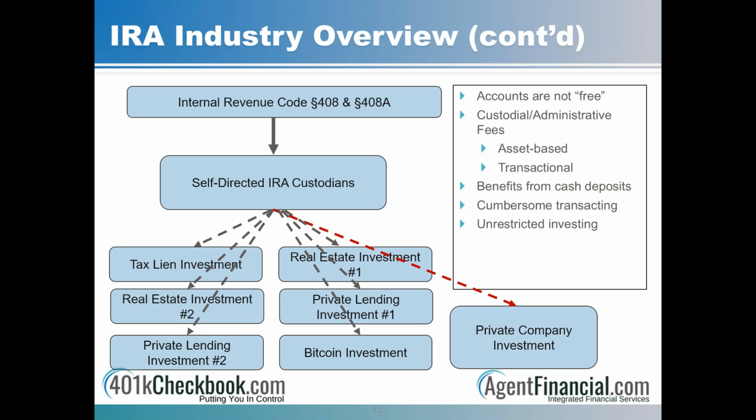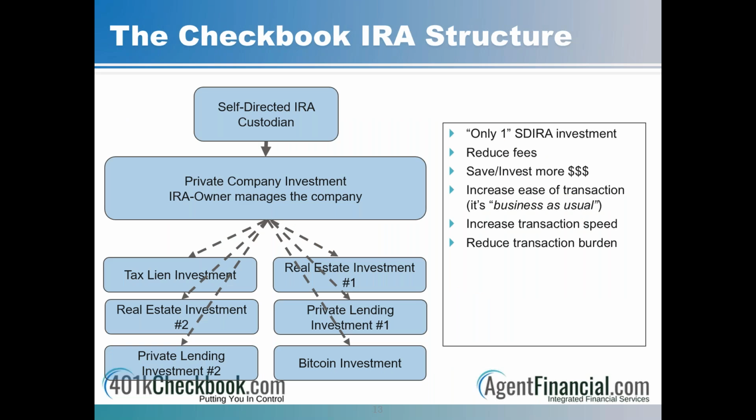So to rectify that and truly give you, the investor and the owner of the funds, the complete and total control and the complete and total benefit of your assets, and to reduce your fees and to reduce your paperwork, we use the checkbook IRA structure.